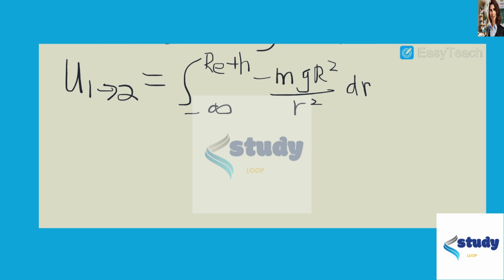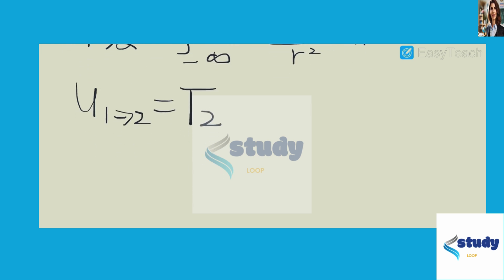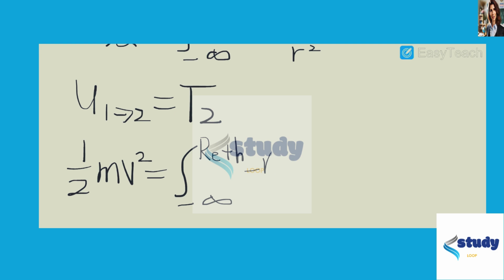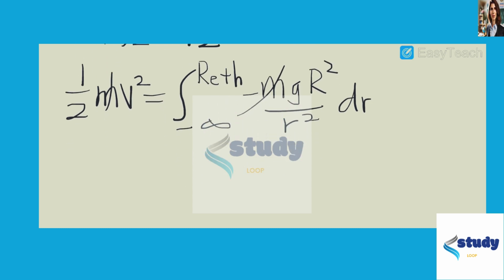Because the kinetic energy in the beginning is equal to 0, the work is going to be equal to the final kinetic energy. This can be written as 1/2 mv squared equal to the integral from negative infinity to Re plus h of negative mg Re squared over r squared dr. As you can see, our masses cancel out, which simplifies this equation.